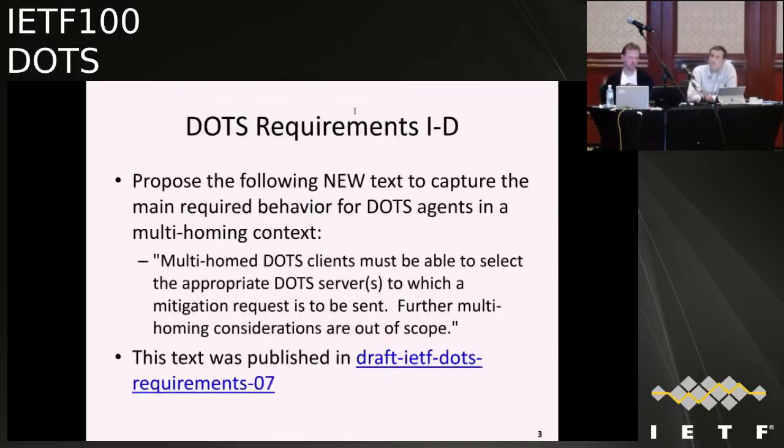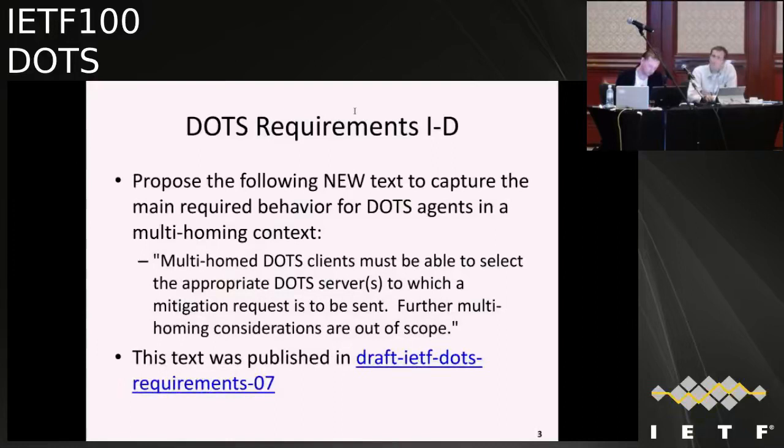So I started with the DOTS requirement. There is some discussion on the mailing list, and I have also proposed text to Andrew to cover what I see as the main requirement: the clients must be able to maintain multiple sessions and to appropriately select the appropriate DOTS server when they have to place a request.